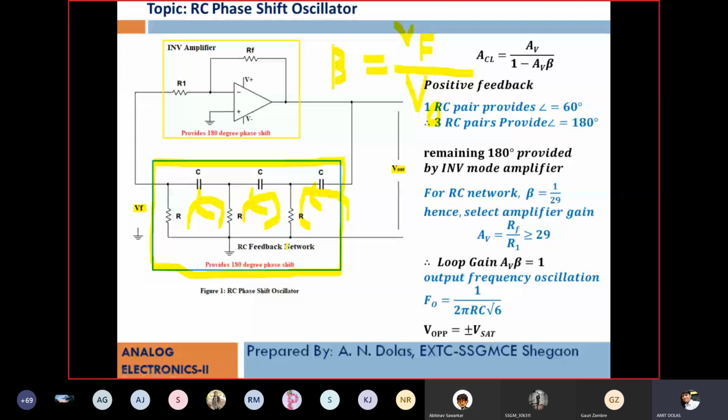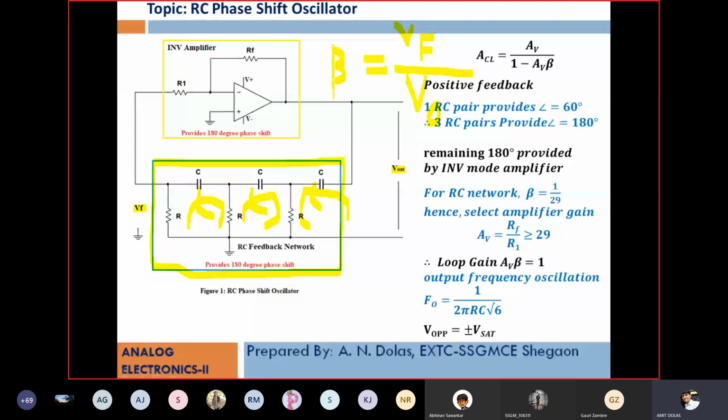If you see the RC phase shift oscillator topic in D. Roy Choudhury, I have already posted book photographs during lockdown to one of the classes. Please go through that. You will get that beta is solved using this analysis, and VF by V0 will be equal to 1 by 29. It is derived, not taken randomly by anyone.